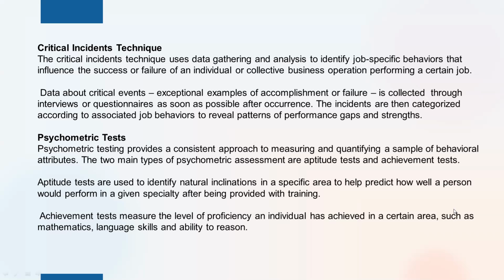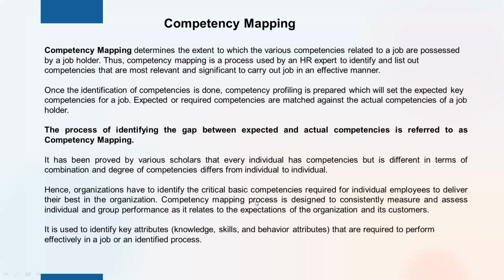Achievement test measures the level of proficiency of an individual, such as how good are you in maths, the language skills, ability to reason, your mental ability, right? So these are different approaches that help us to map the competencies.